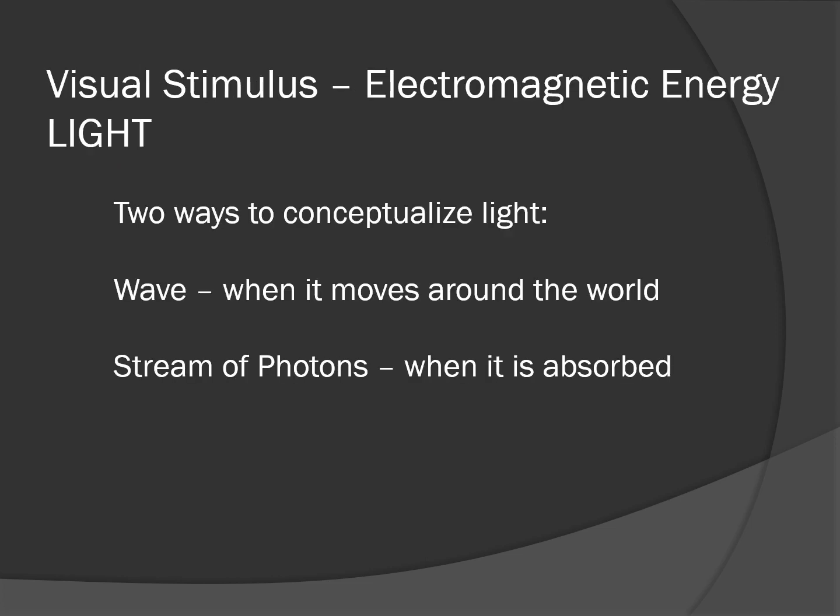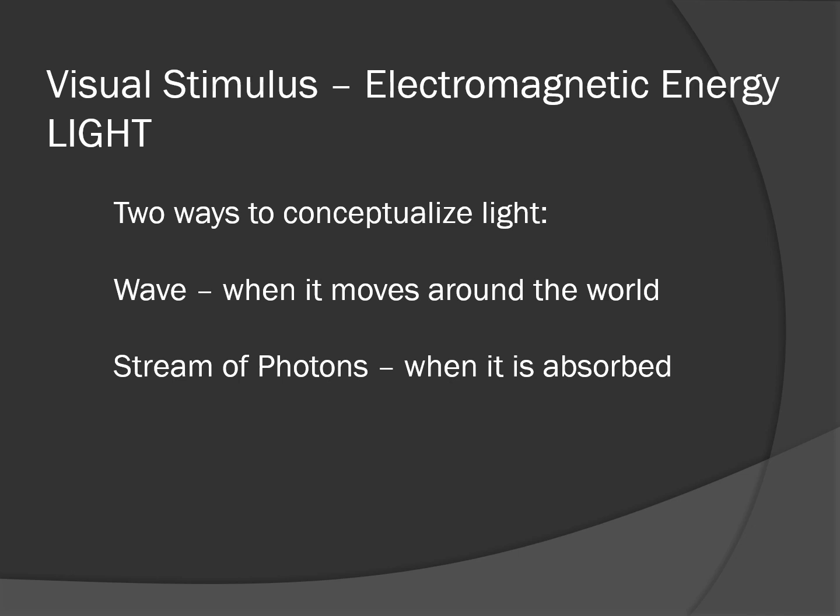There are two ways to conceptualize light, to think about how this electromagnetic energy is moving through the world. When we talk about it as moving through the world, it's occurring in these different waves with different wavelengths, but those waves are made up of a stream of photons.